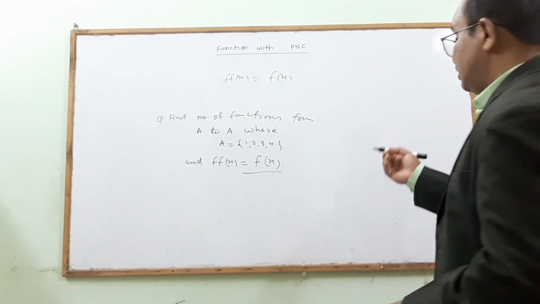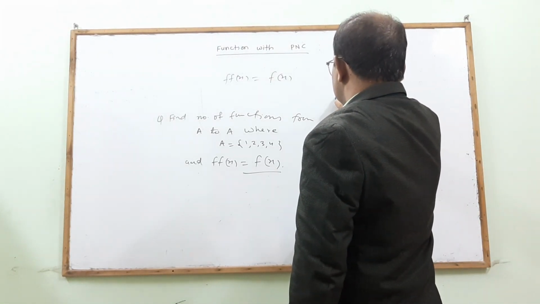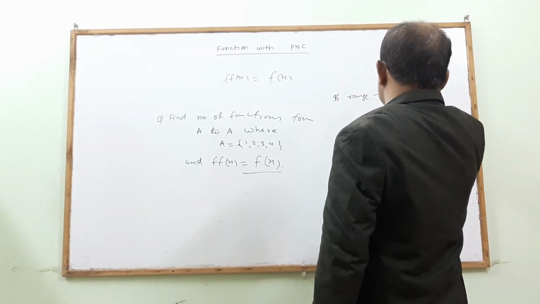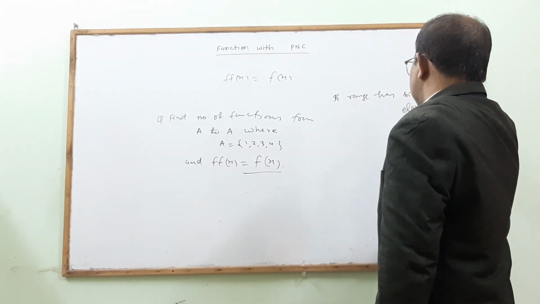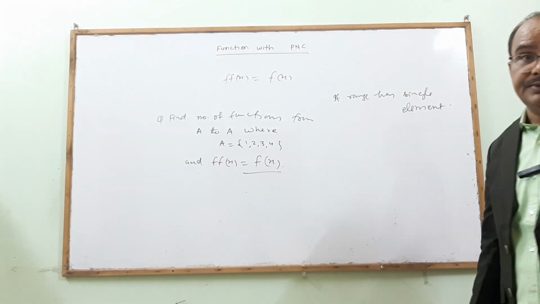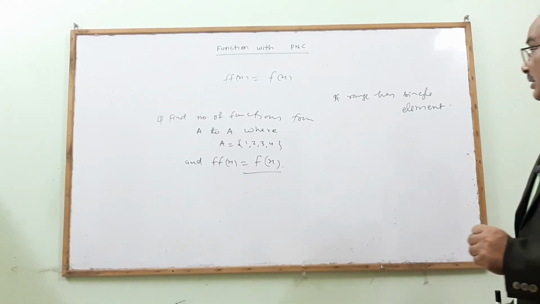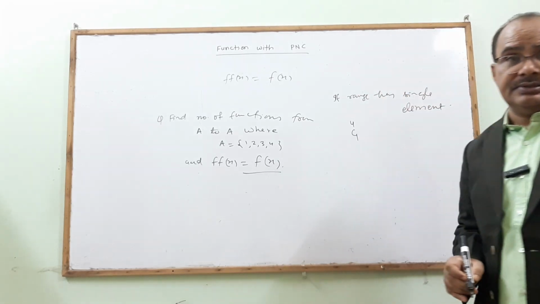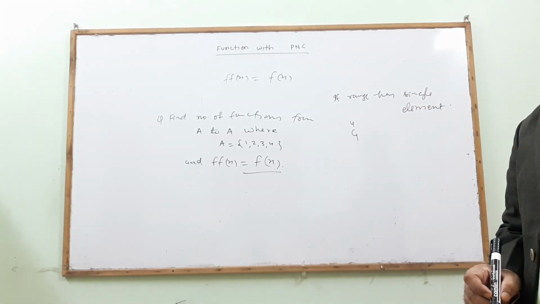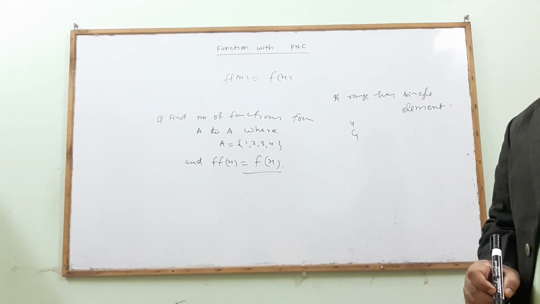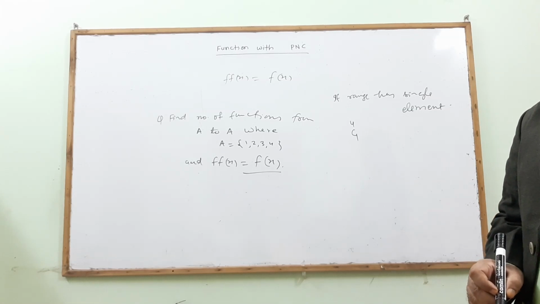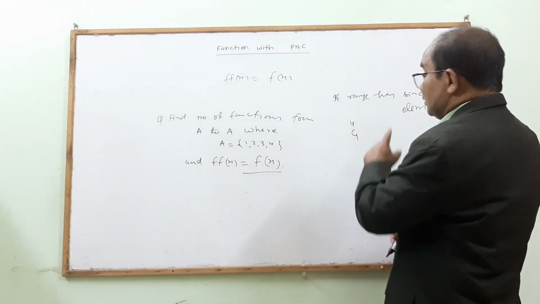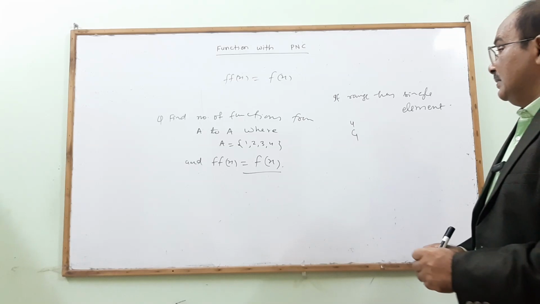Just observe, if the range has a single element, then that element can be selected in 4C1 ways, and the rest of the elements will map to that single element.